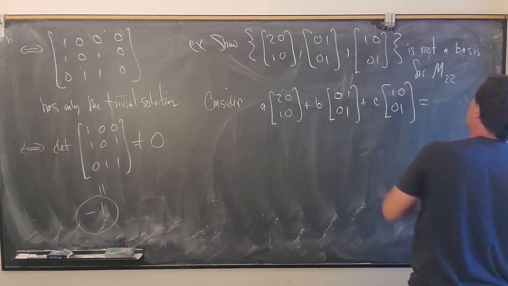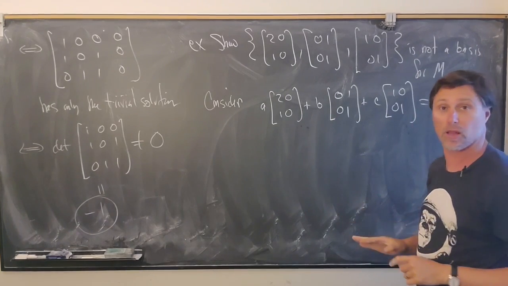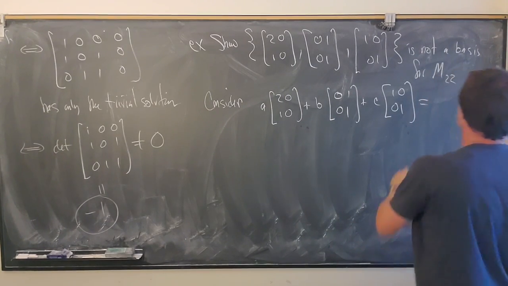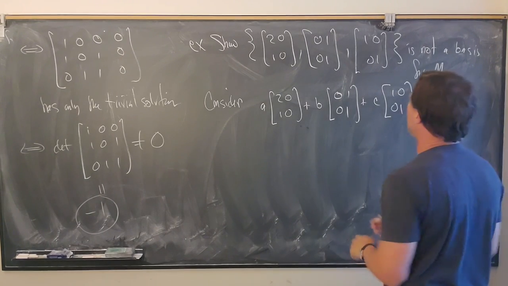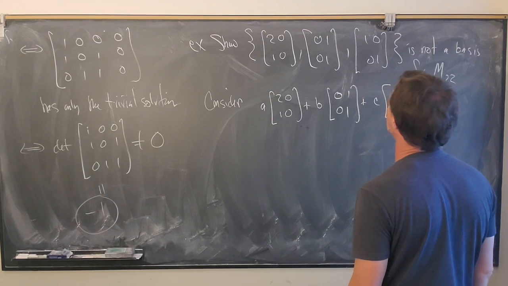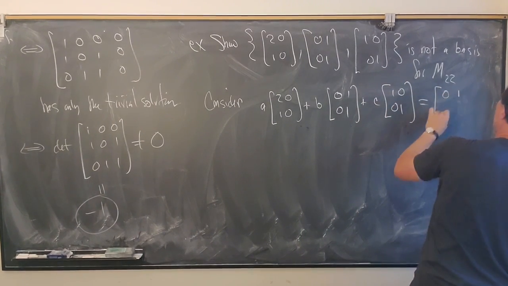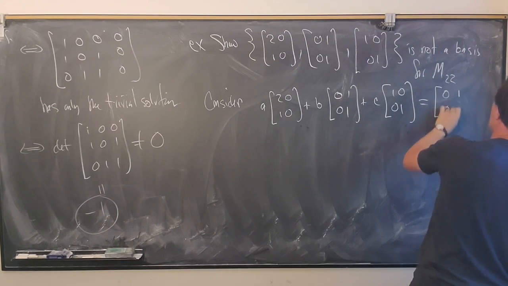And now, if I want to show this is not a basis, what I'm going to do is show that this set here does not span all of M22. And so I need to find some particular matrix that's not in the span. And so I think I'm going to do, how about this one? 0, 1, 0, 0.